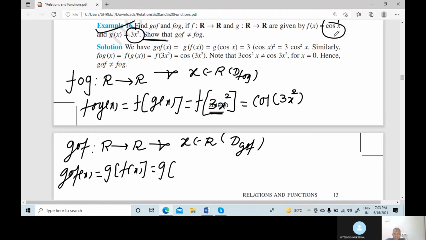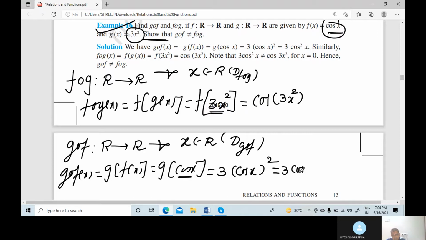Now F(x) is cos x. Put here cos x; for the function G, this is your x. Now what is the function G(x)? 3x square. Now put in place of x, we write here cos x. So your final answer is 3 cos square x.